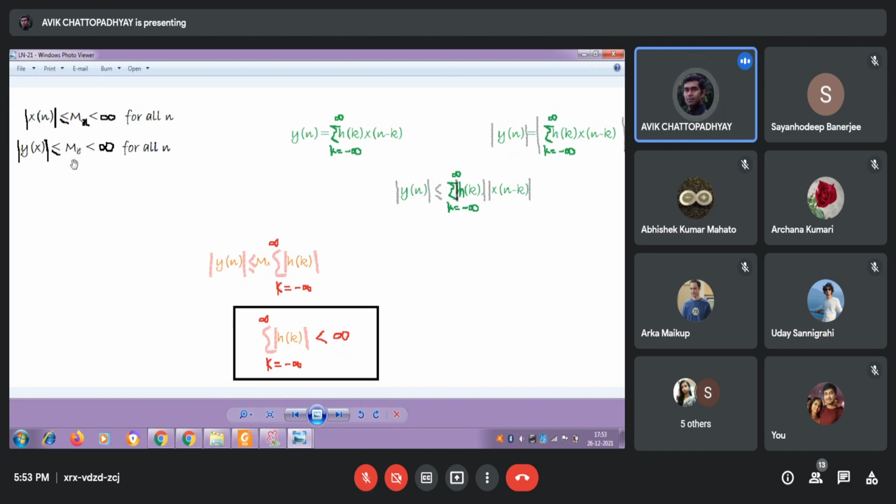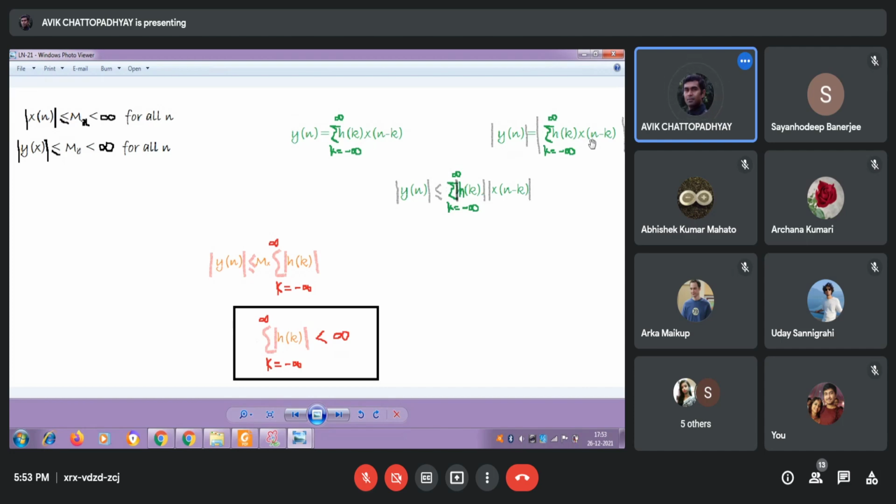we know that we can write the expression of convolution. So what is written here? yn equals summation k from minus infinity to plus infinity of hk x of n minus k. That's the famous equation we all know. Now if we take the absolute value at both sides, here as well as here, then we can write like this.